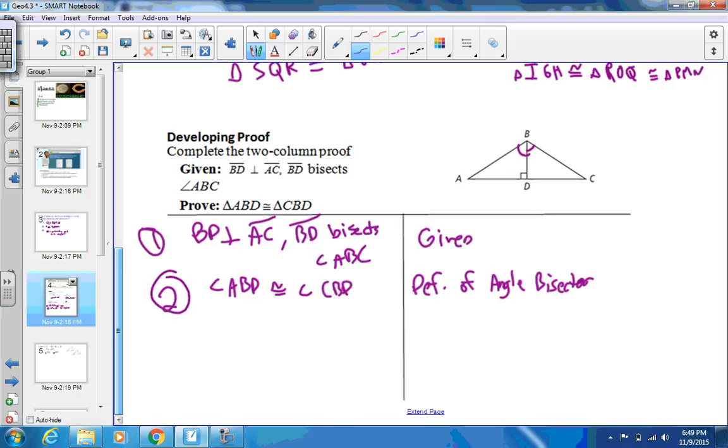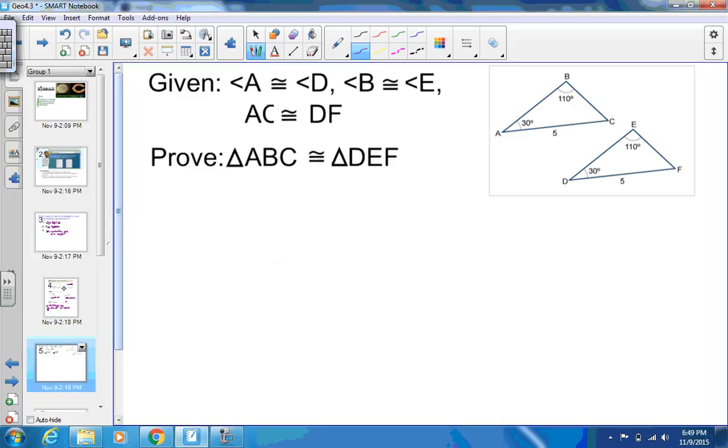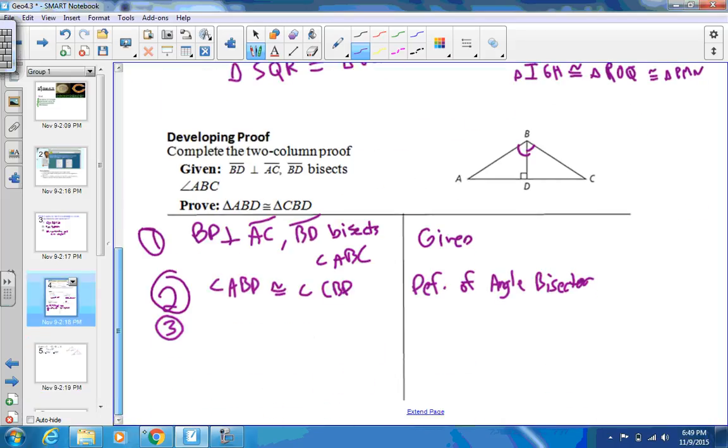If segment BD is perpendicular to segment AC, that would mean that angle ADB and angle CDB are right angles.